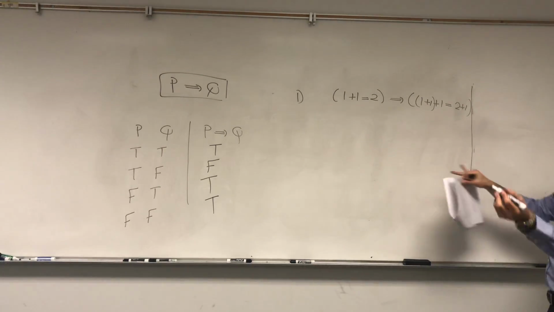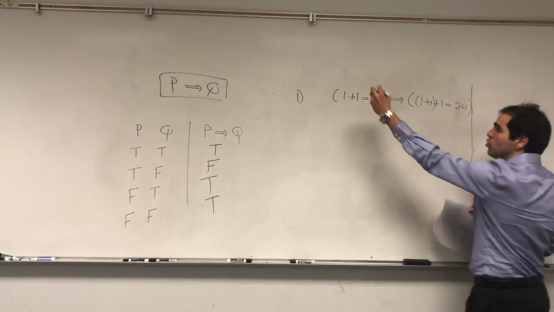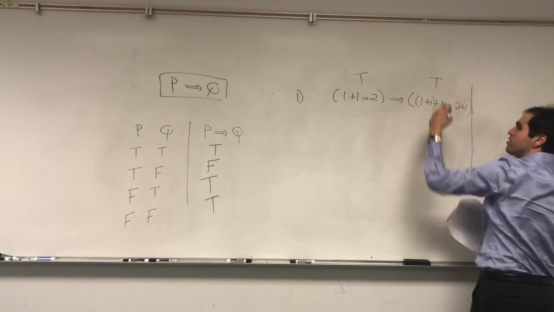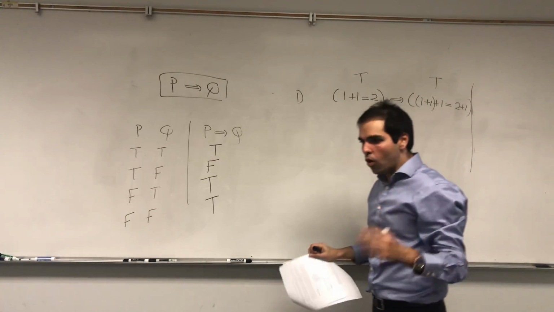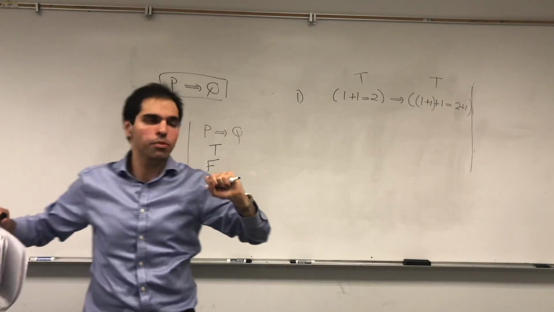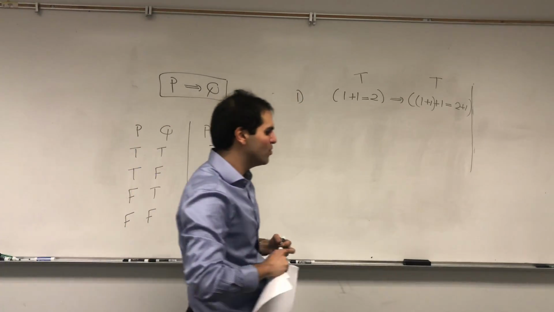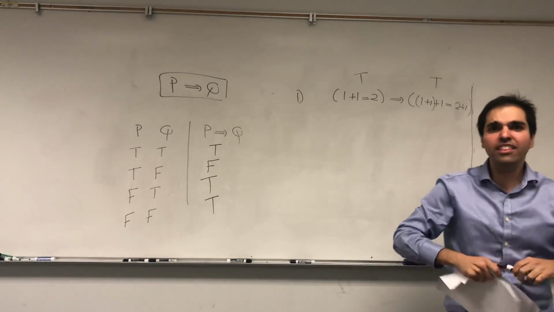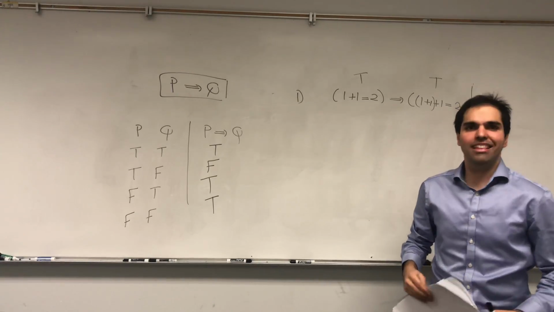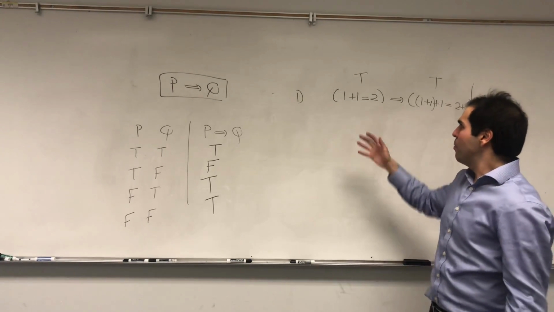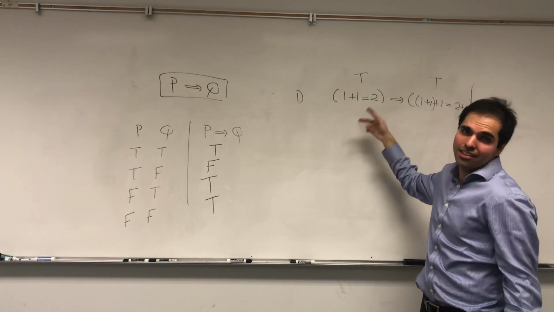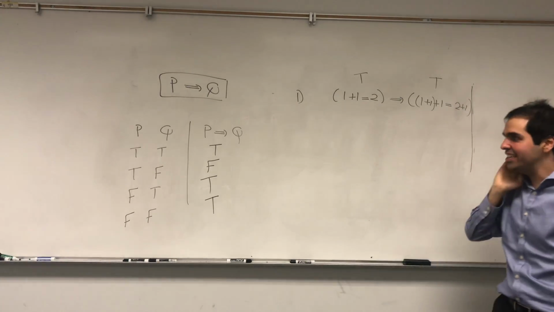Well, by definition, it is true because this is true and this is true. And just be warned, we could give you two random gibberish things. If both of them are true, it's still true. So we can say the Pythagorean theorem implies Fermat's last theorem. Well, both of them are true, but therefore by default the implication is true.